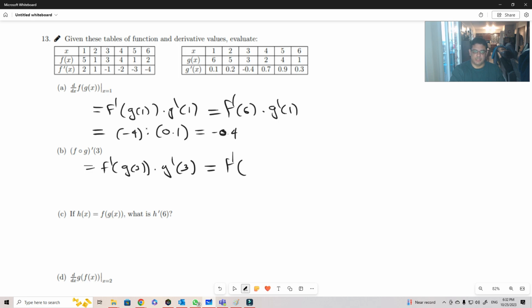G of 3 is going to be 3. So this becomes f prime of 3. And now I gotta find out who is f prime of 3 and g prime of 3. So f prime of 3 is gonna be minus 1. And g prime of 3 is gonna be minus 0.4. So this actually becomes positive 0.4.